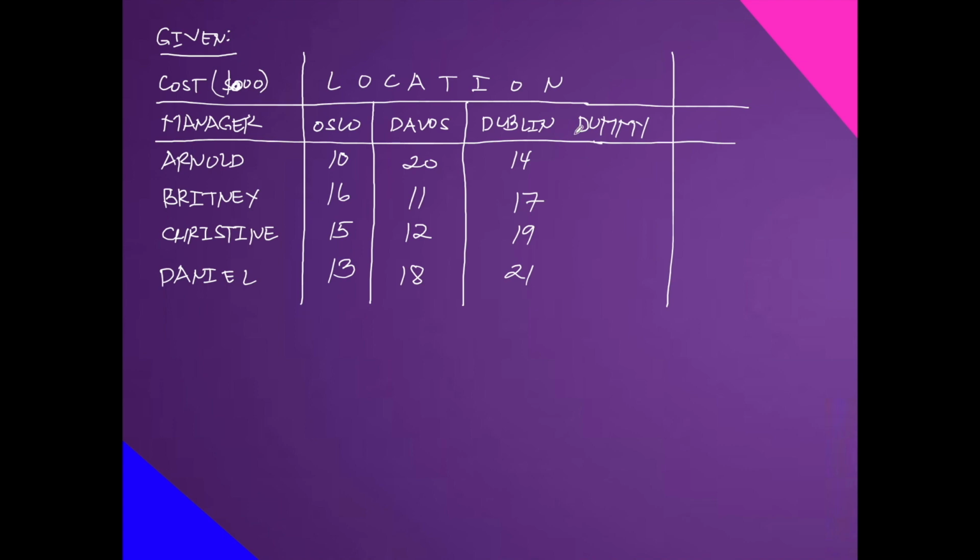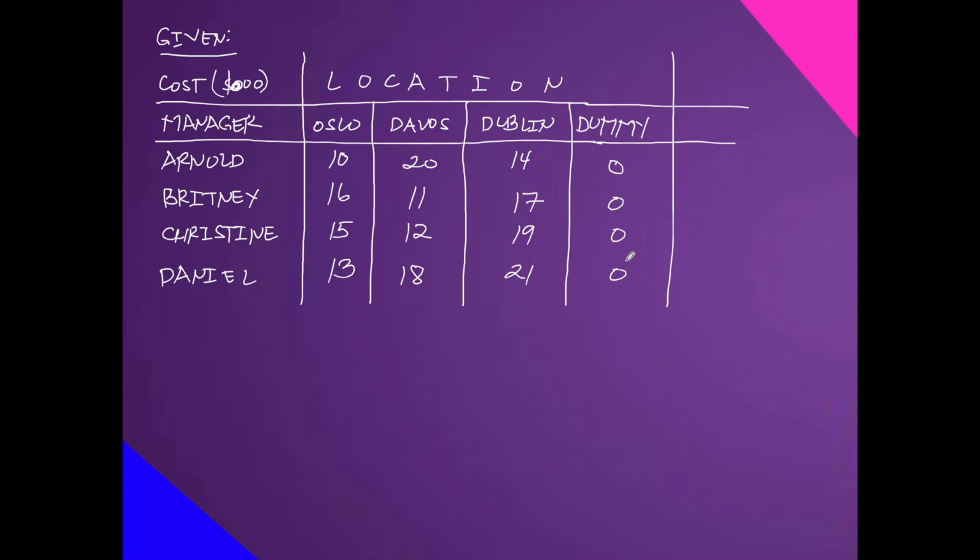Sir, ano yung magiging cost nun? Since this is just a dummy, lagi nating nilalagay dyan, na cost nila is 0. Just like on our transportation models. And that makes our matrix balanced na.